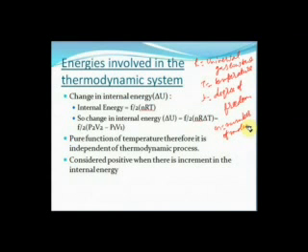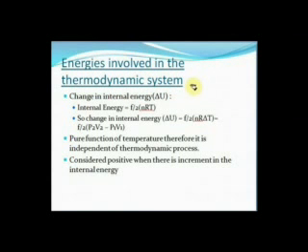So the change in internal energy, that is delta U, would be defined as f/2 nR delta T, and as we know from the gas law, nRT is nothing but PV.